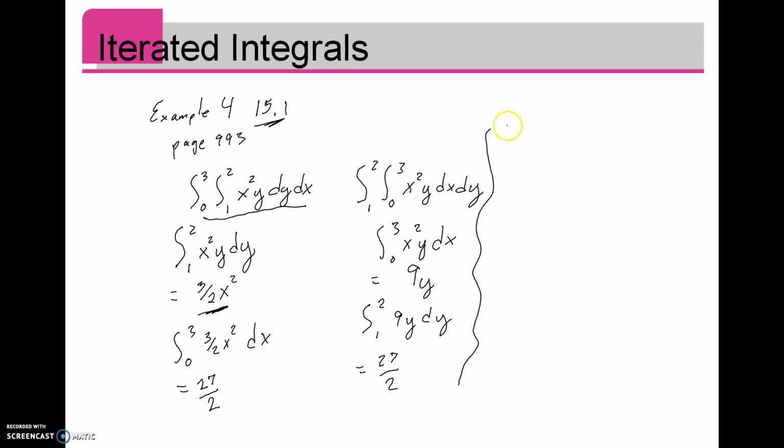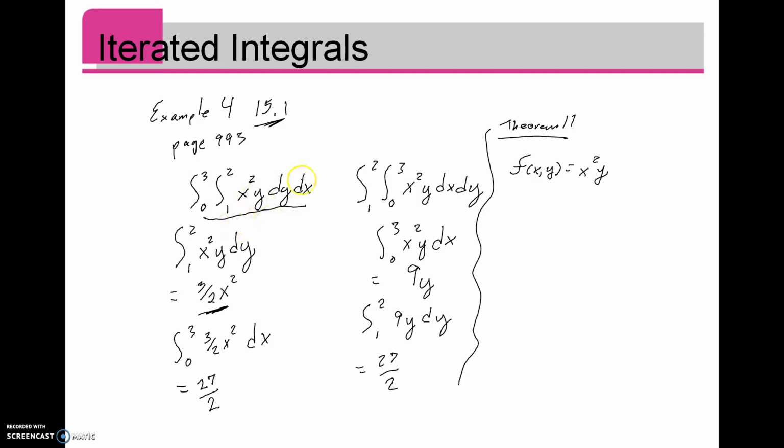So here we go. Now I'm going to be using theorem 11. Looking at this one, we've got f of xy being x squared y. We can break this up into two functions.